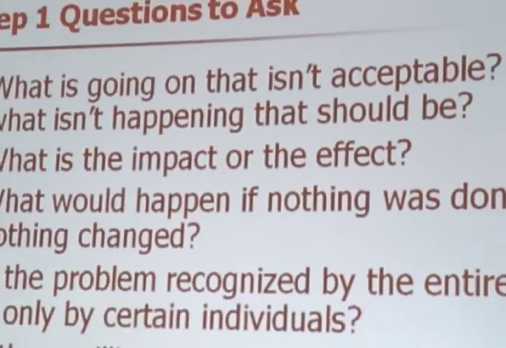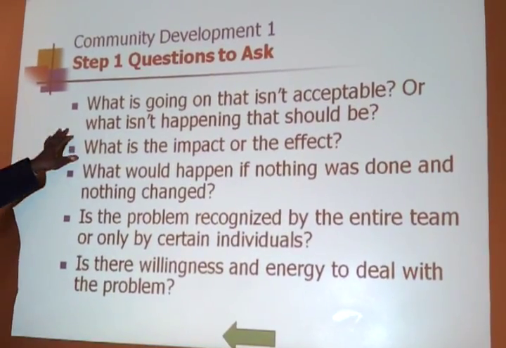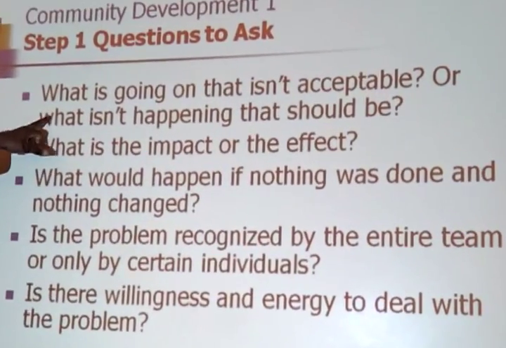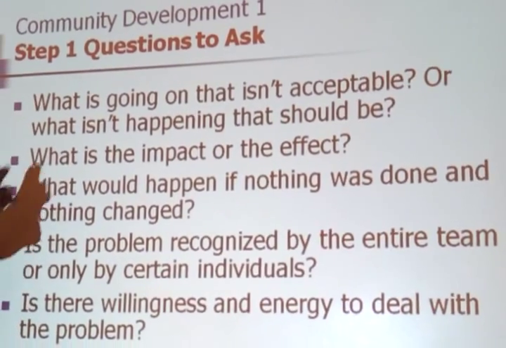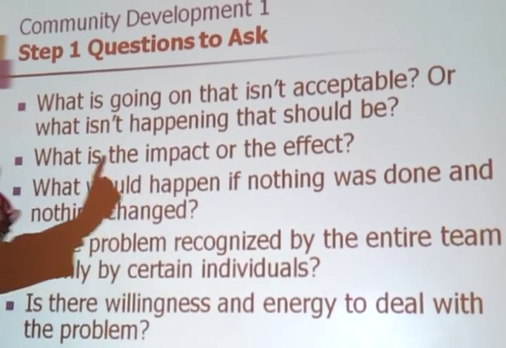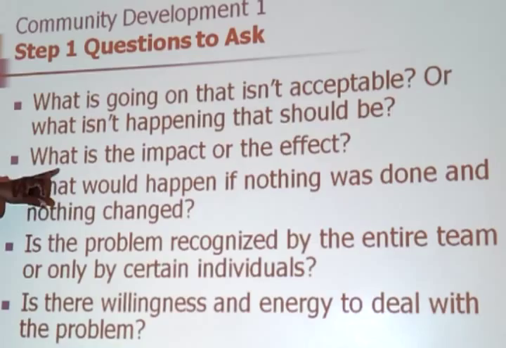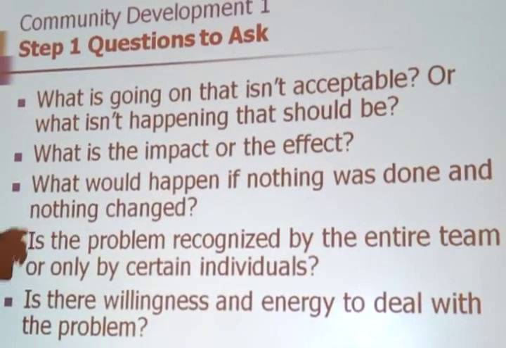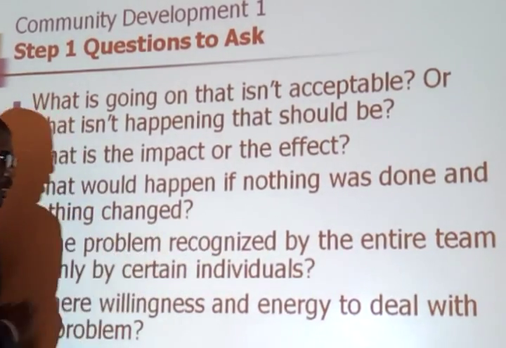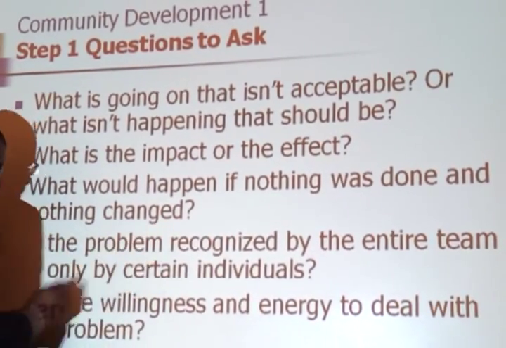When you understand what the problem is, you have to ask yourself, what is going on that isn't acceptable? Or what isn't happening that should be? That's the first question. Next is, what is the impact or the effect of that problem? What would happen if nothing was done and nothing changed?